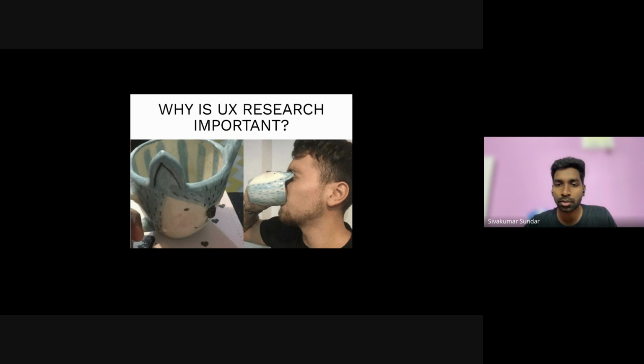But the moment you start using it, you might not even be able to use it properly. This is where user research helps you. It's not just about creating beautiful things, but understanding what the user is going to use it for, and then doing it the right way. This is a small example of what bad UX research can do.